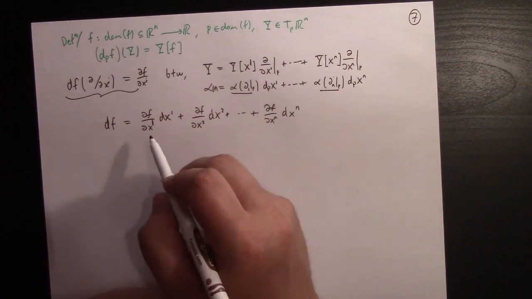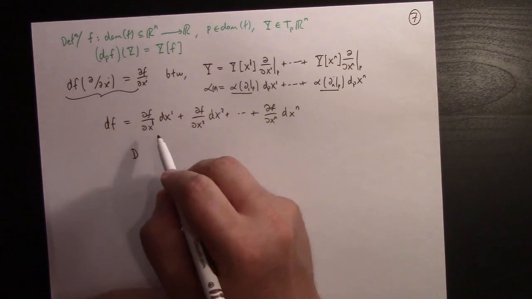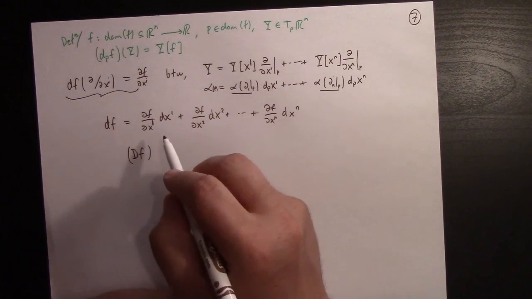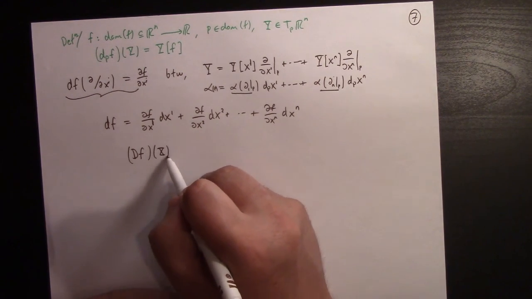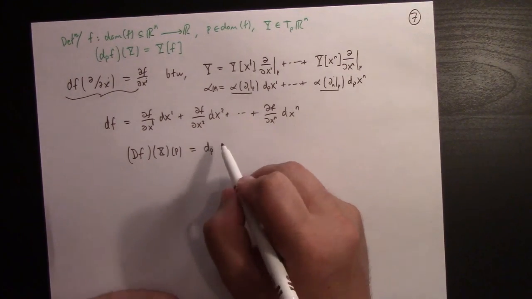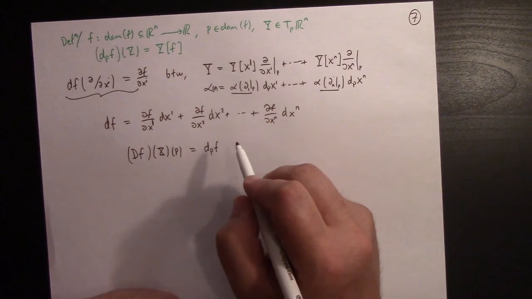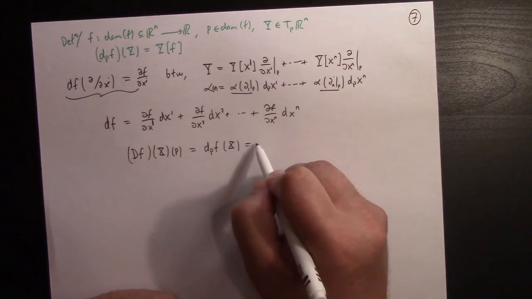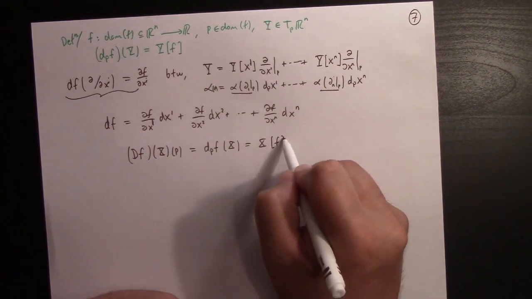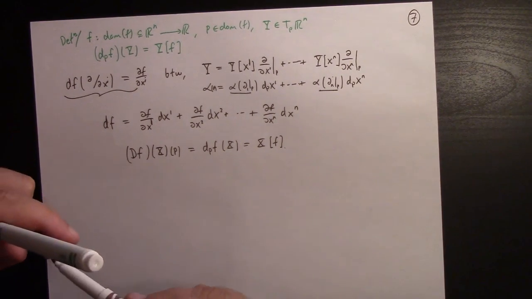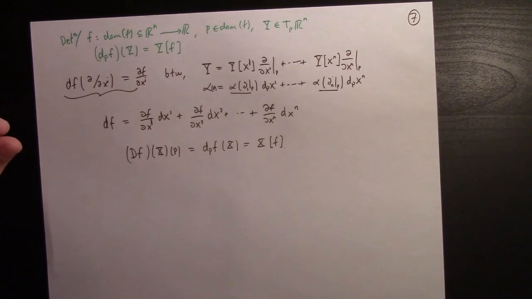And more than that, we can capture the directional derivative in terms of this notation. So df of the vector x, attached to the point P, is just equal to the differential of f at P acting on x, which of course is just x of f. A lot of this is the reason for this notation. It all works together for good, believe it or not. I mean, you can believe what you want.